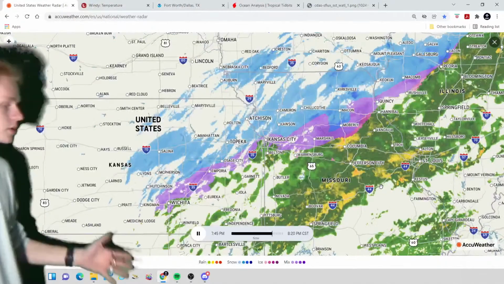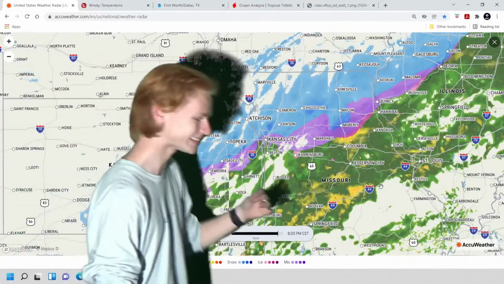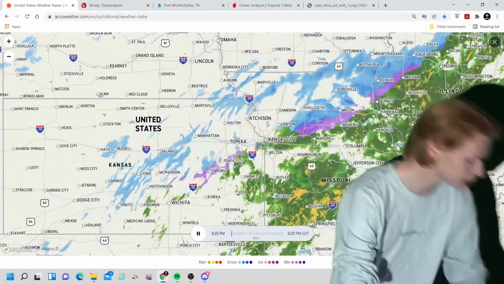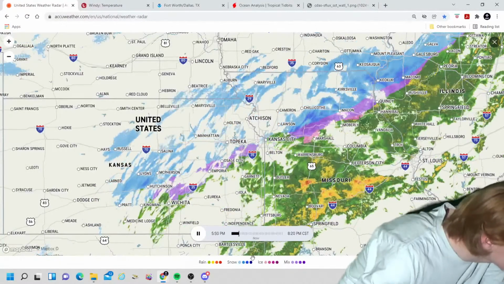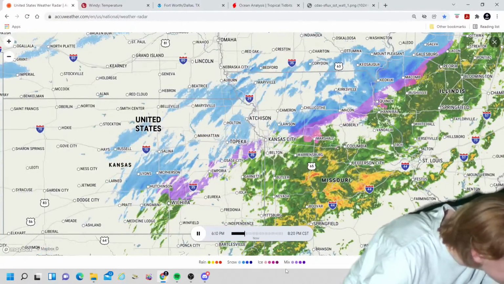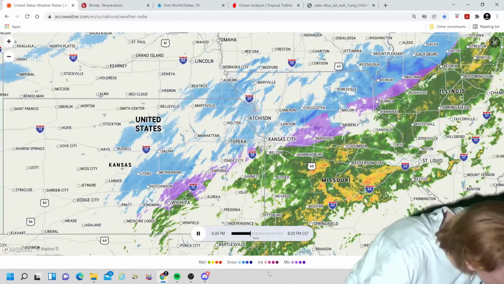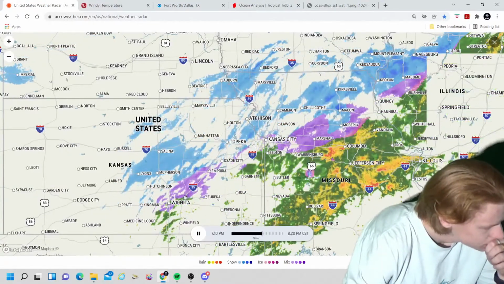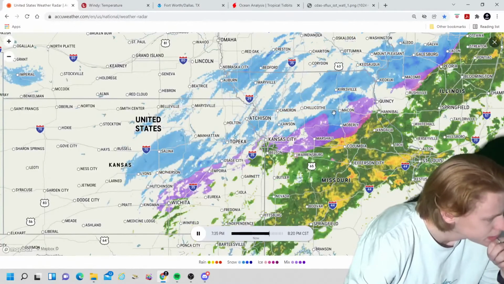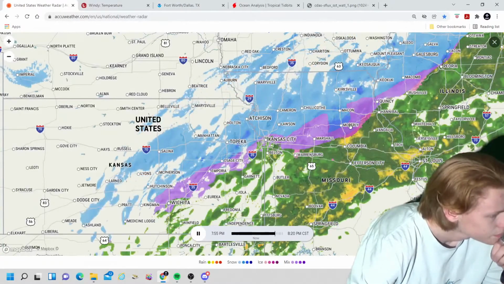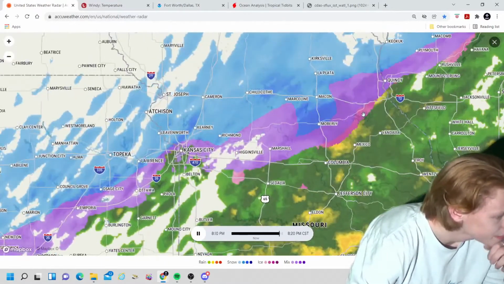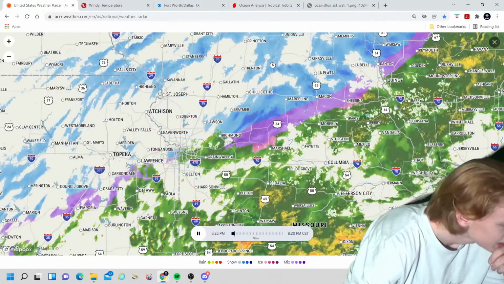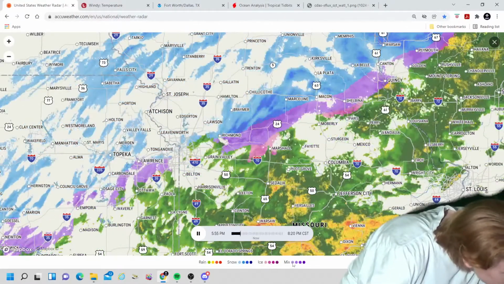So I'm closely monitoring the fact that we're seeing freezing rain and sleet right now. I actually want to see if this is ice, because ice is purplish pink. This might be mixed precipitation. This might be ice right through here. Ice is sort of a pinkish color.